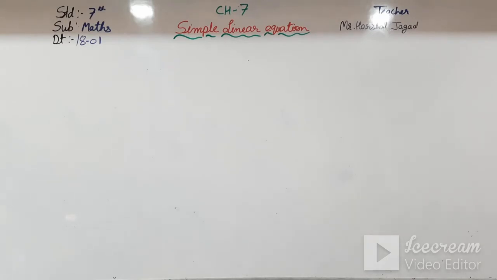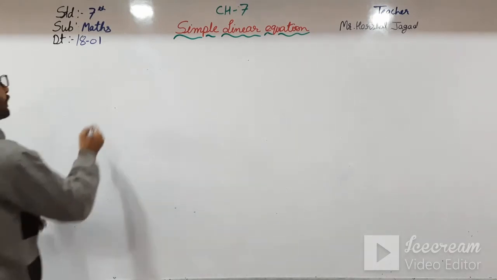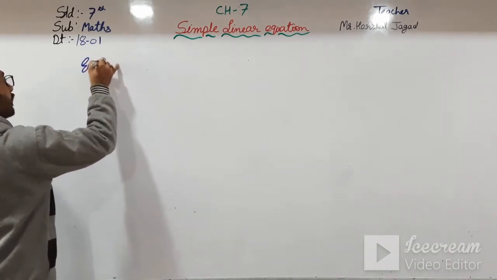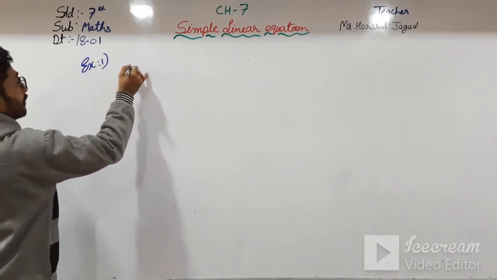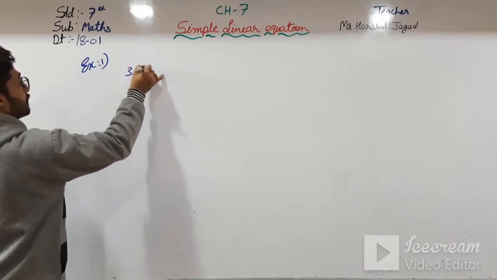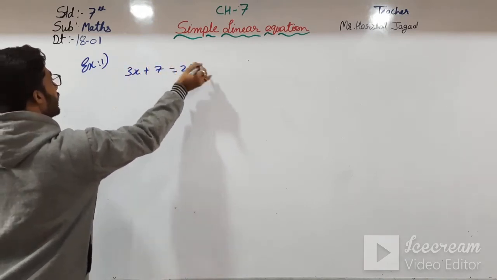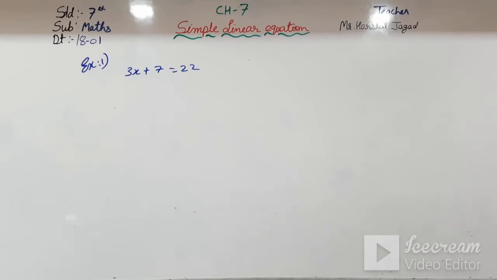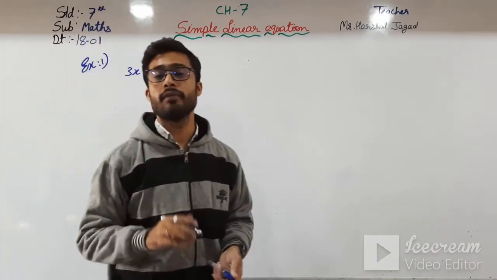Example number 1: find the root of 3x plus 7 is equal to 22. We have to find out the value of x.